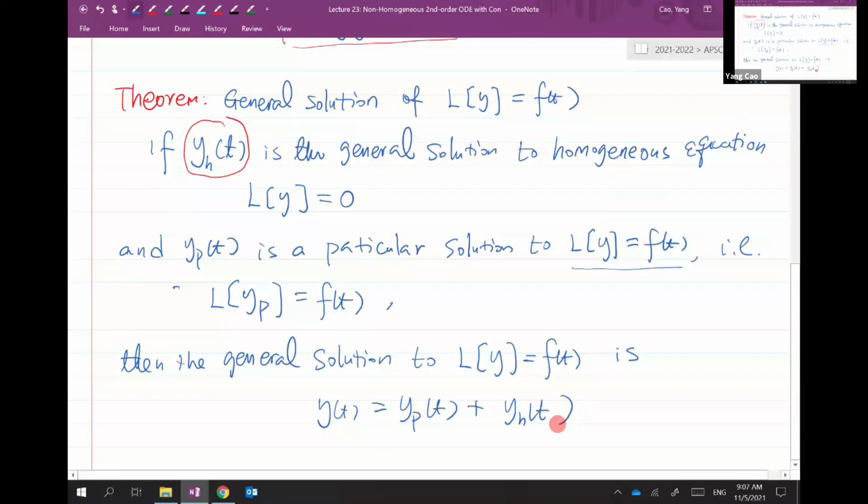That seems pretty simple. You just add the general solution and the particular solution, and you get the general solution for the non-homogeneous one. So that's the theorem that we are going to use to solve this particular kind of ODE.